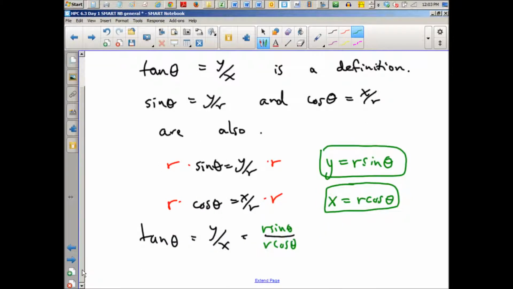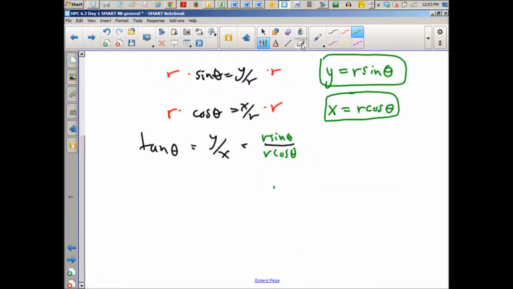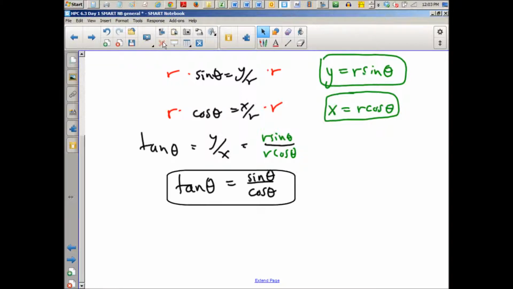And what happens when I manipulate and substitute facts into one another or into an equation, you create new facts. So what I have here is a brand new rule of my own making, that tan theta is sine over cosine. And you should be able to reproduce this proof. If I ask you on a test to prove that tan theta equals sine theta over cosine theta, you should be able to go through something similar to what I just did using x and y and r.